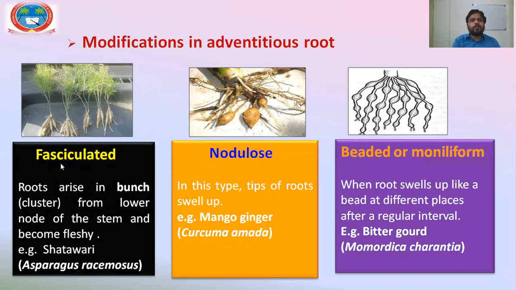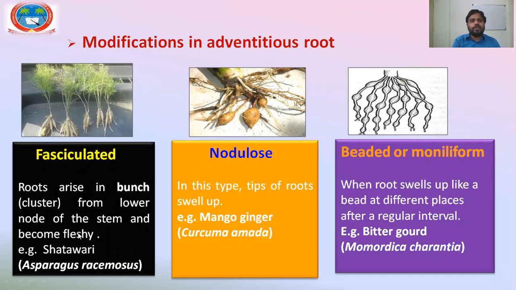But the difference is that in the fasciculated root, several roots are developed in a cluster, in a group, in a bunch. Such a root is called a fasciculated root.